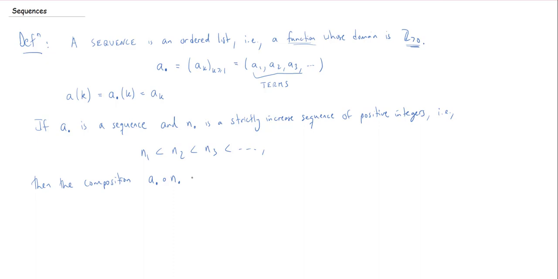Okay, so that's how I can mathematically write down what it is to be a subsequence. Now, notationally, we're not going to want to write A dot composed N dot all the time. And so, much like we did up above, we're going to compress the notation. We're going to take the A and the N, and then we'll put a dot down below. And so then what do these terms look like? You'll have A_N1 and A_N2 and A_N3 and so forth.